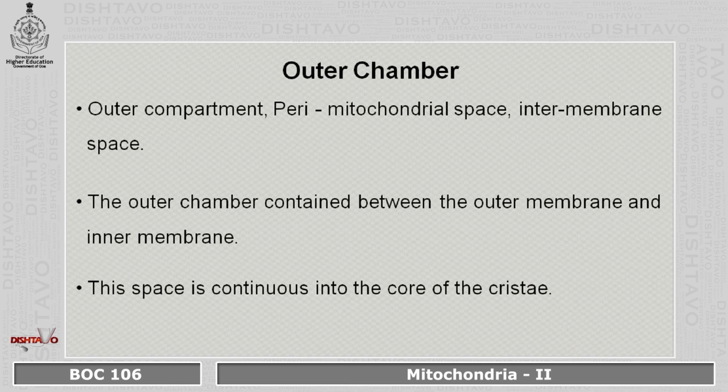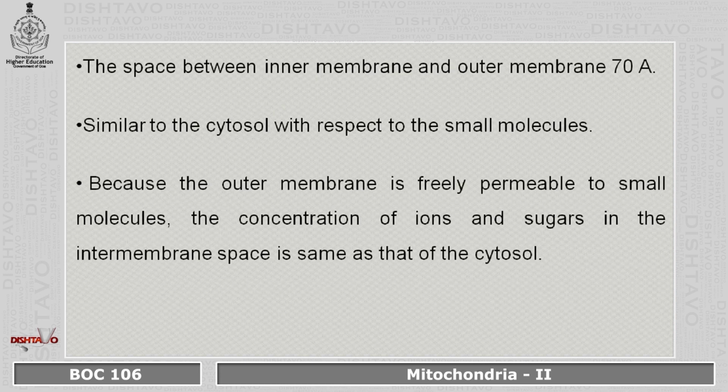Outer chamber. The outer chamber is also known as perimitochondrial space, outer compartment, or intermembrane space. The outer chamber is contained between the outer membrane and the inner membrane. This space is continuous into the core of the cristae.